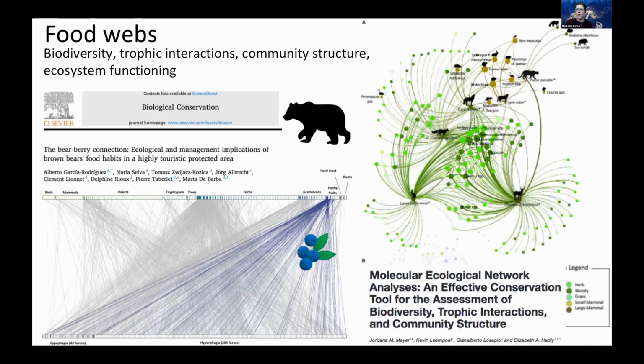So when we can construct networks like this for several predator species, then we can build more complex food webs, like this one, for example, that was constructed using eDNA metabarcoding diet data for 2 carnivores, 2 omnivores, and 2 herbivores. And you can see how with something like this, we can start to have more insights into the community structure.